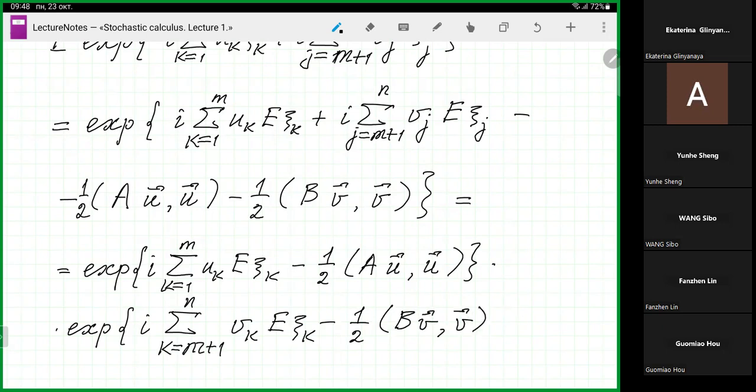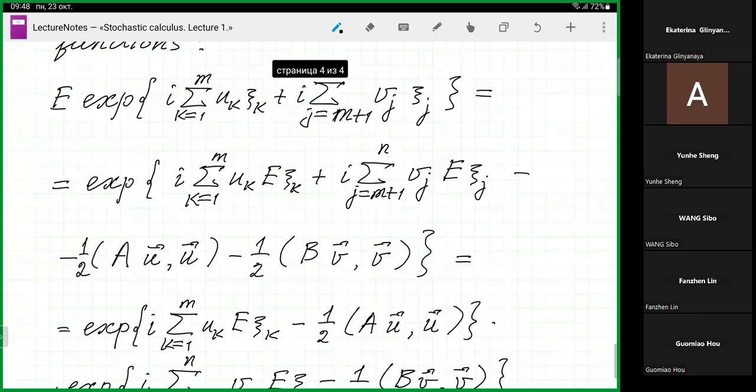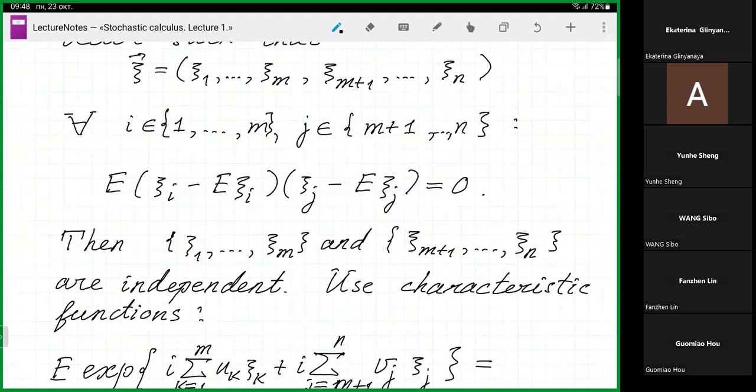This is the answer now, and we see that our statement is right.